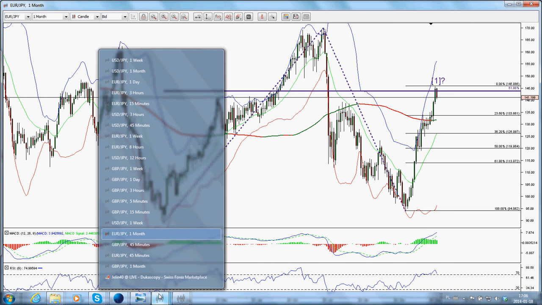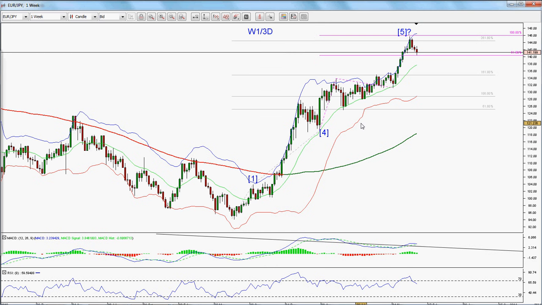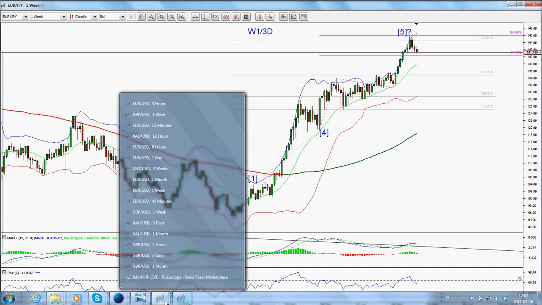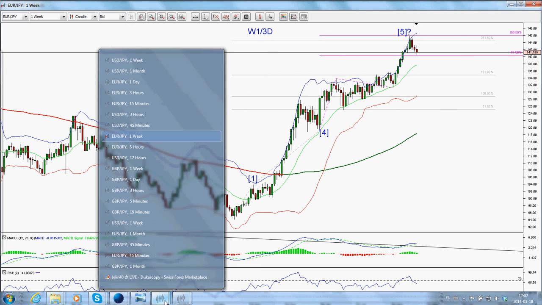And the Euro Japanese yen weekly. This is also the final fifth wave, and the final fifth was completed.